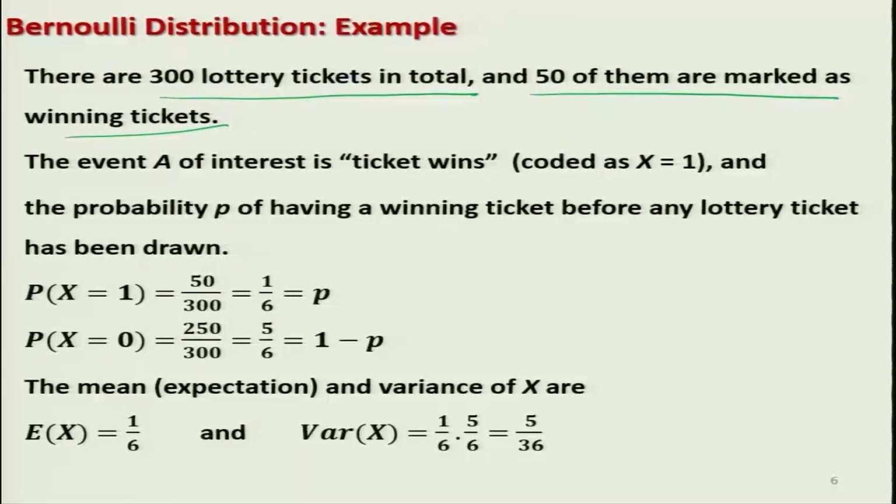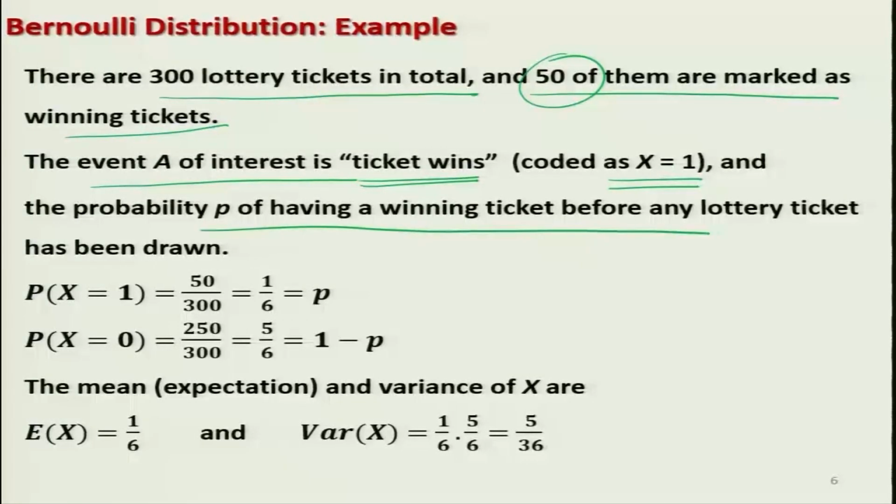So, suppose we define an event A as ticket wins, and this is coded as x equal to 1. That means x equal to 1 indicates that the ticket is coming from these 50 winning tickets, and the probability is p of having a winning ticket before any lottery ticket has been drawn, meaning somebody has to buy the ticket before the draw.